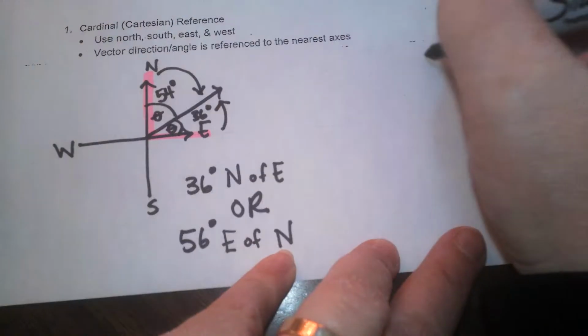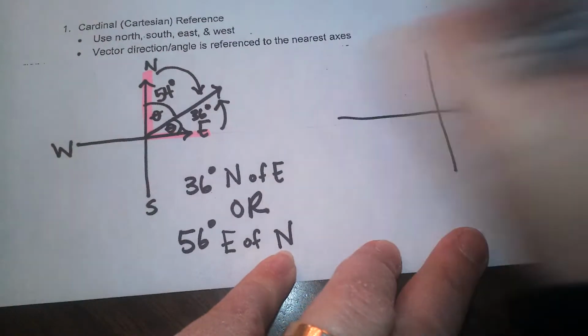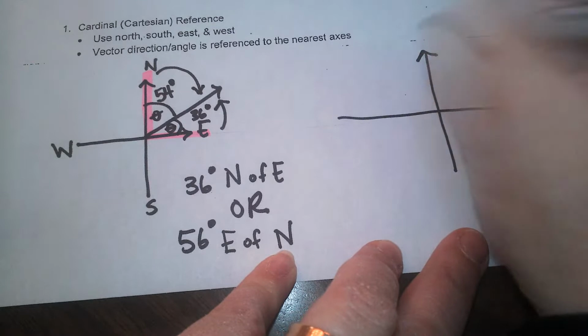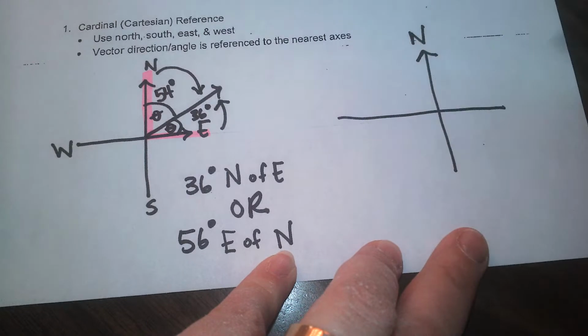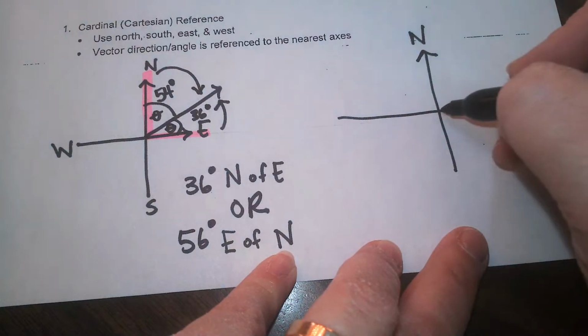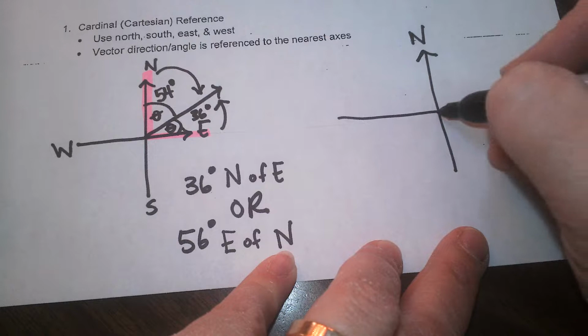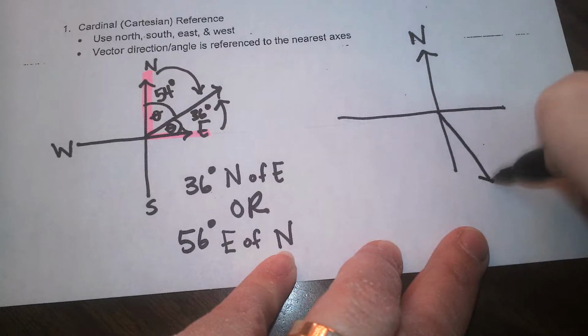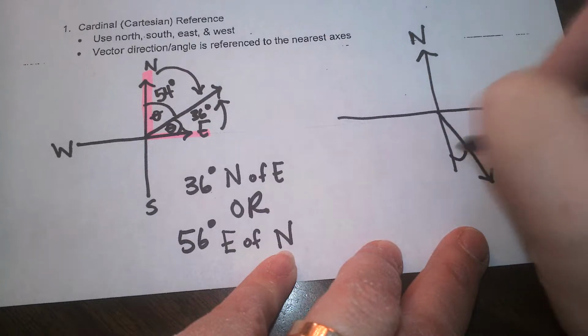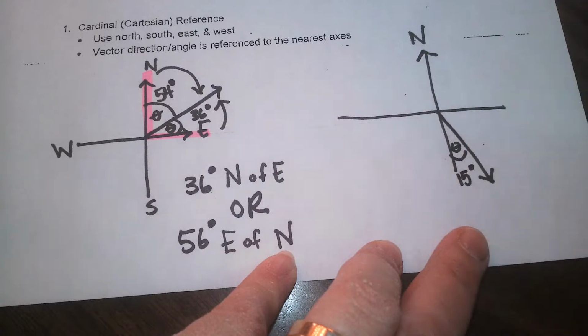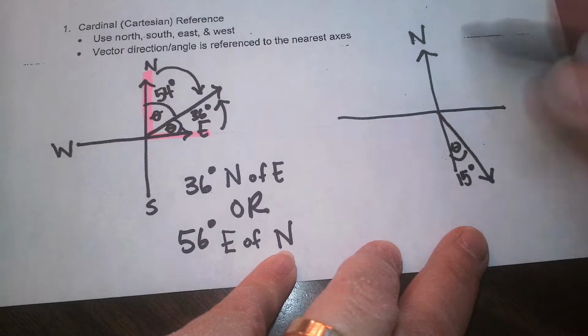Let's look at another one. This is north. What if I have something like this, and I tell you that this angle is 15 degrees. What direction is this vector going?